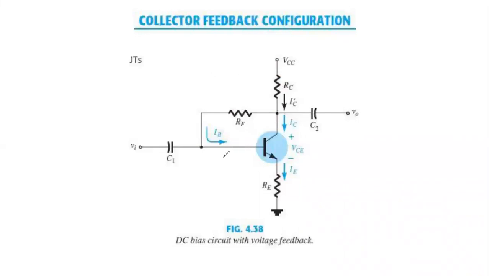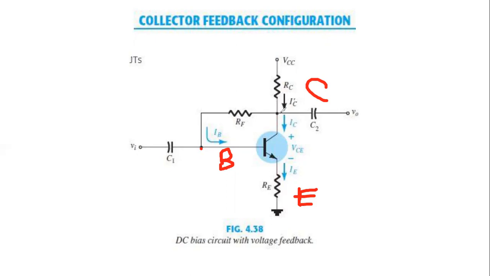Here in this configuration, we all know that the base and emitter is the input side, and the collector and emitter is the output side. So if you take some signal or your output signal or output current again to the input, that is called feedback. Feed means to feed, and back means to feed back or to flow back.